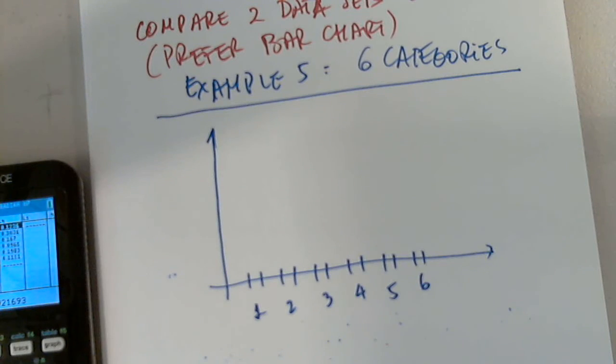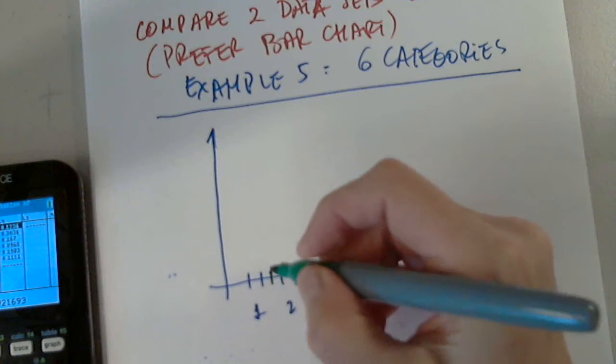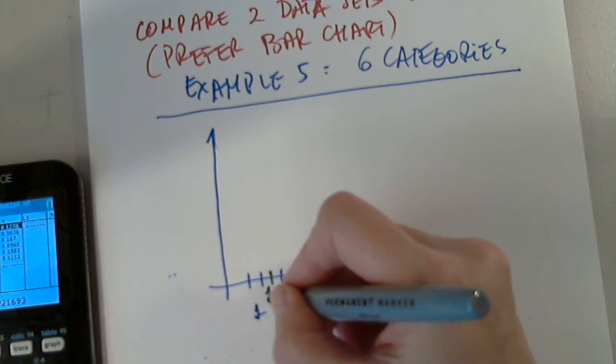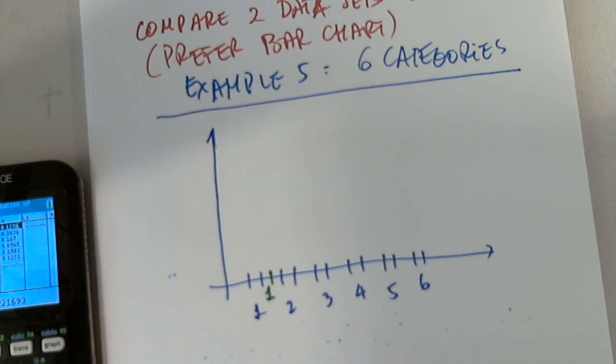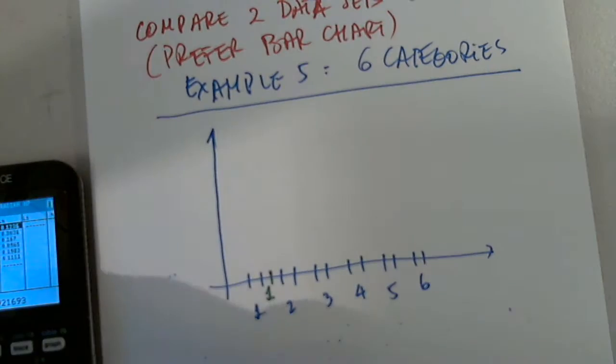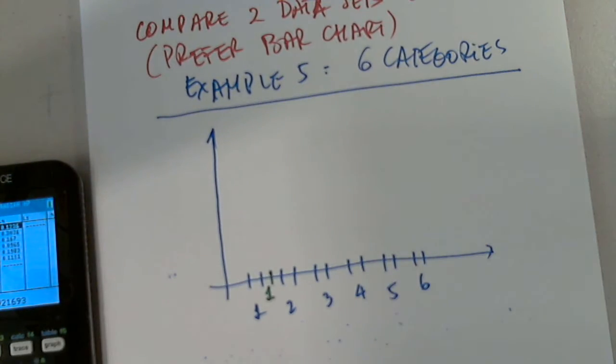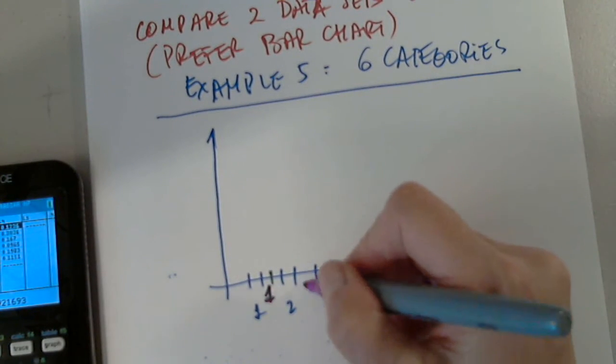Since they are side by side, I'm going to use 2 different colors. So this will be the one, let me use maybe red or brown or purple, something else.